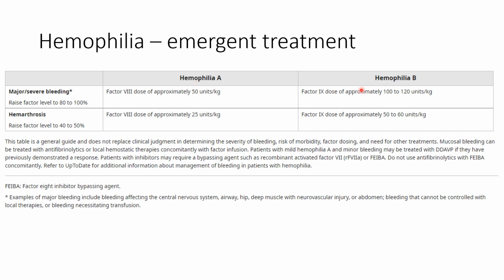So something my professor did point out about this, and I'm glad she did, is hemophilia A and hemophilia B, generally when you're replacing, they go, well, how much do you want to give?